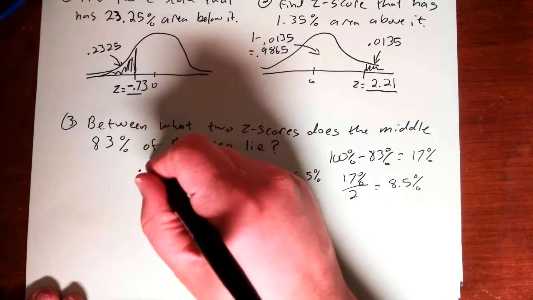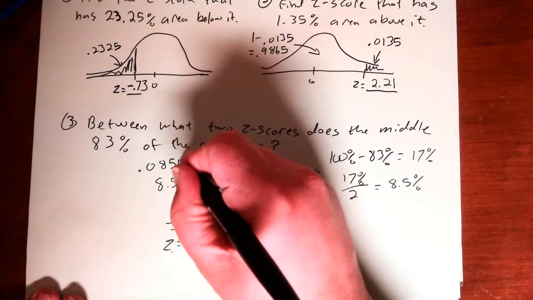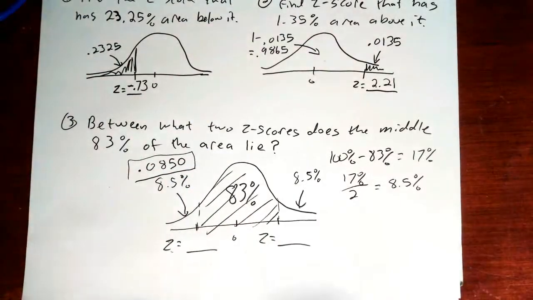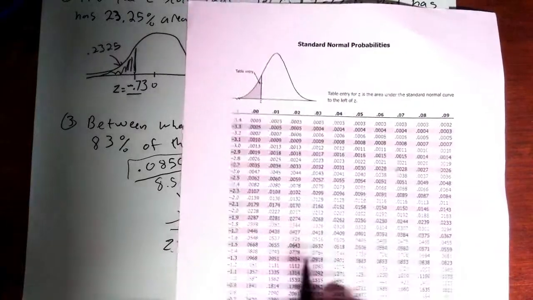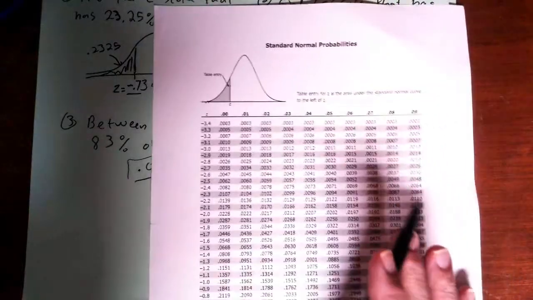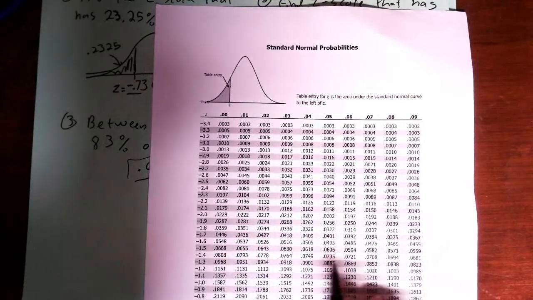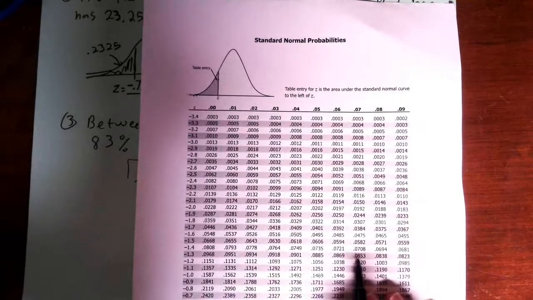Changing this to a 4-digit area, I get 0.0850. That's what I want to look up on the negative side of the table. 0.0850, and this one comes closest.